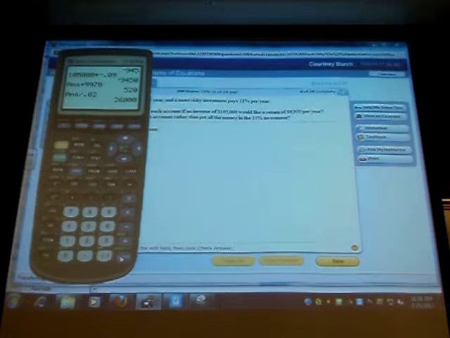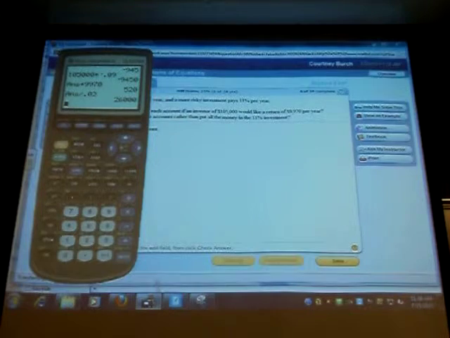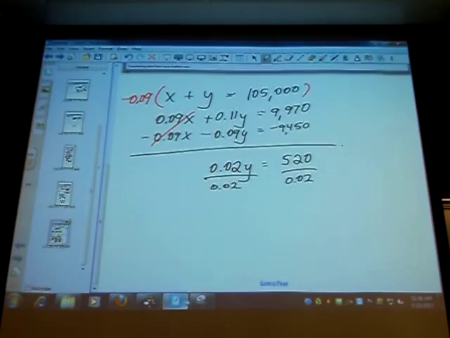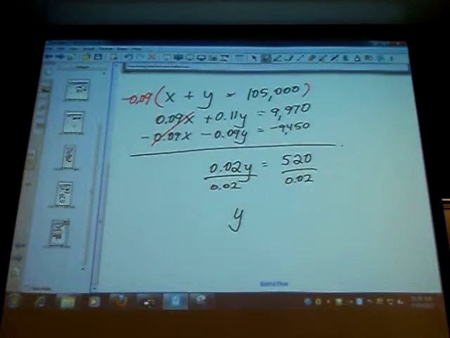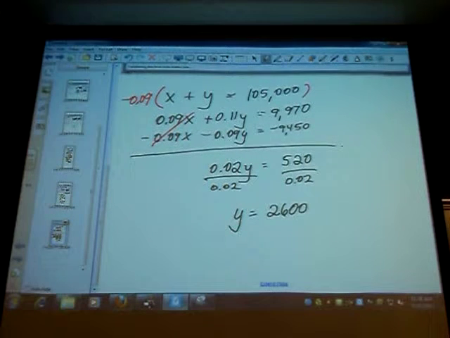And that gives me 520 divided by 0.02 is $26,000 for y. So y was my 11% account, so I have $26,000 in the 11% account.